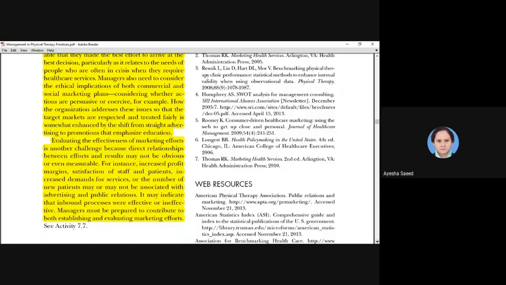It may indicate that inbound processes were effective or ineffective. Managers must contribute to both establishing and evaluating marketing efforts. So it is very difficult to evaluate the marketing, and mostly it is not done, but evaluating the marketing process is important so that any mishaps or losses can be identified.